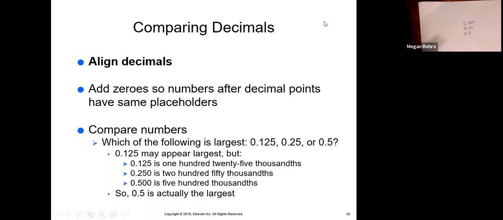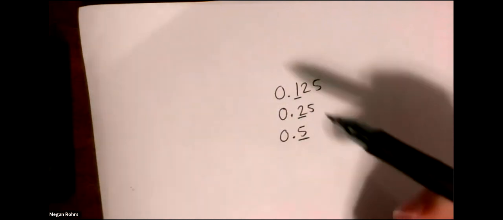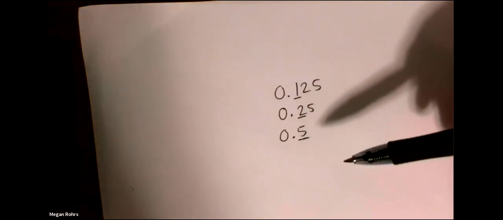Now, if it helps you, you can always just write these as fractions to look at them that way, or just look at the first place value here that has a number. So in this case, all of these numbers have a digit in the tenths place.